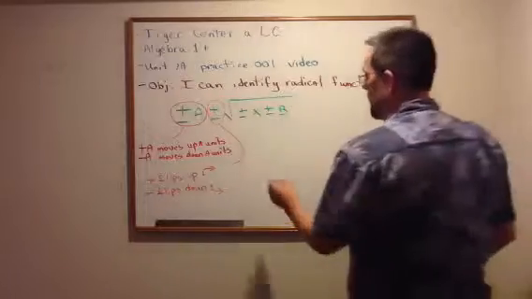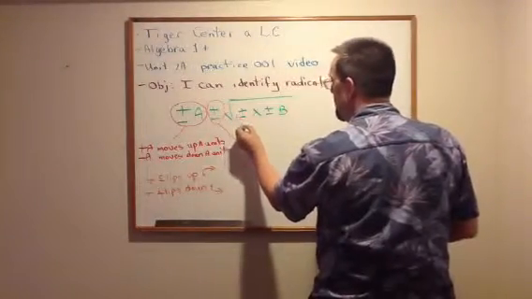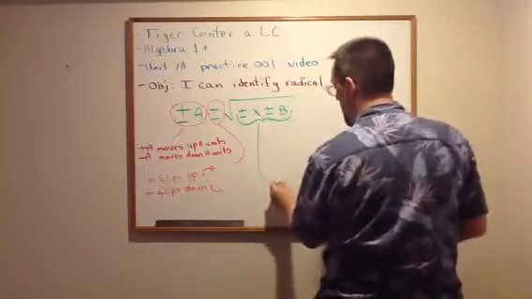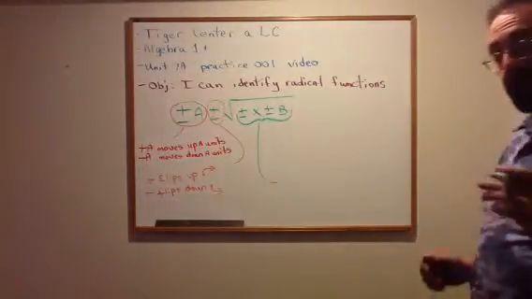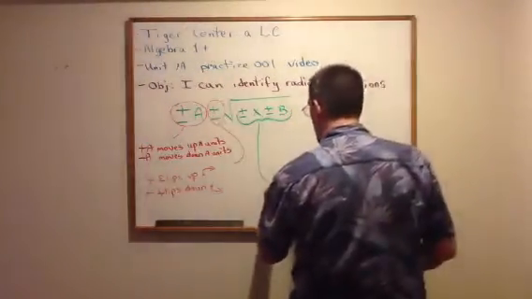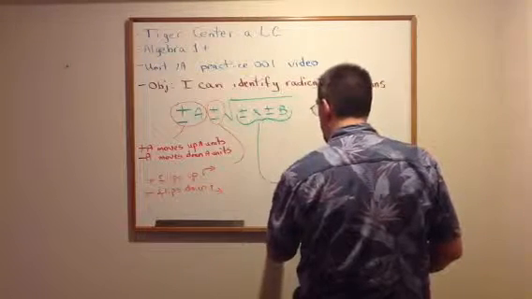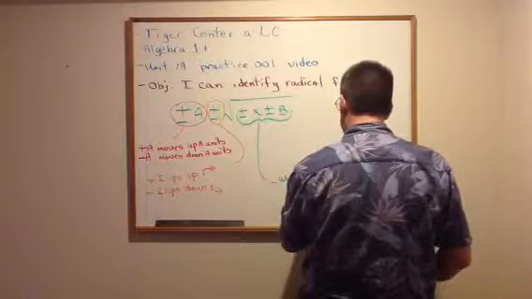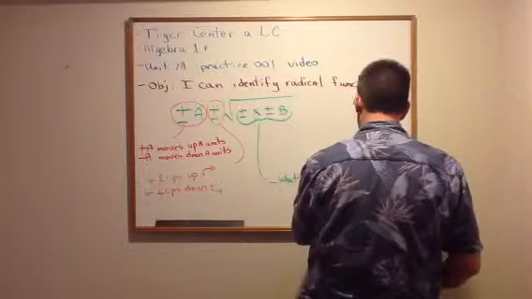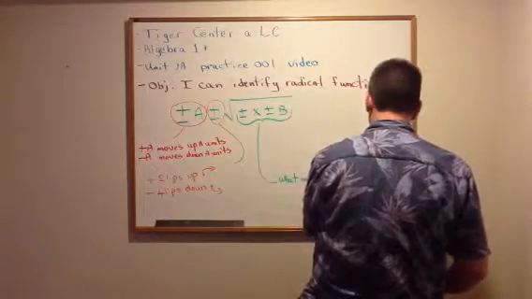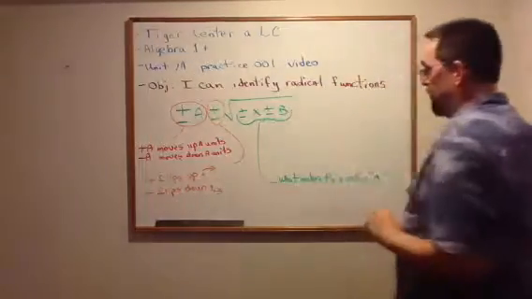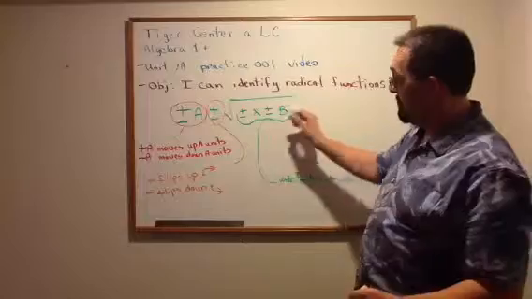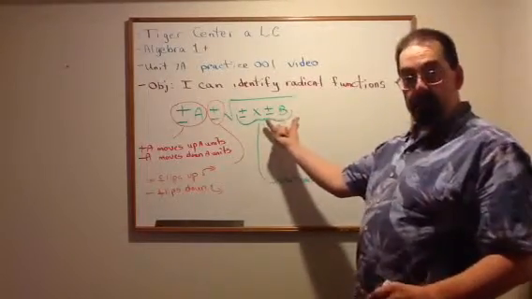The next thing we're going to look at is the entire inside of the radical. The question we have to ask here is, what makes this value 0? In other words, we're going to have the variable x plus or minus a number.